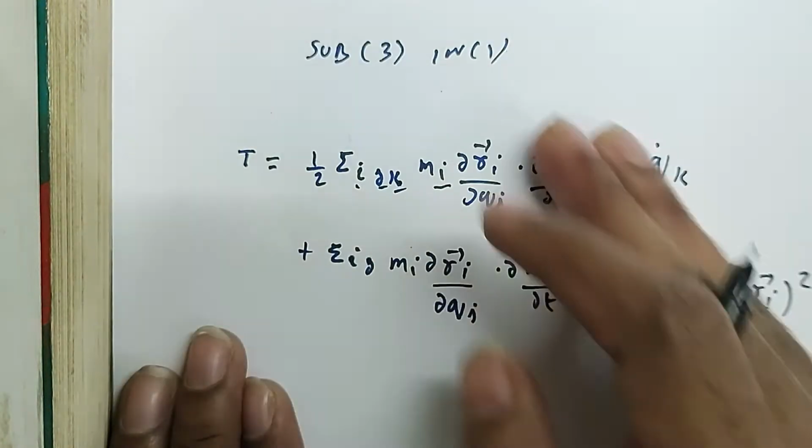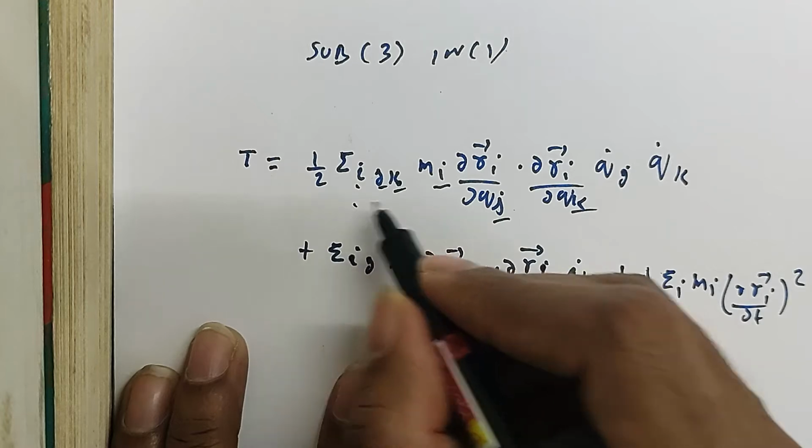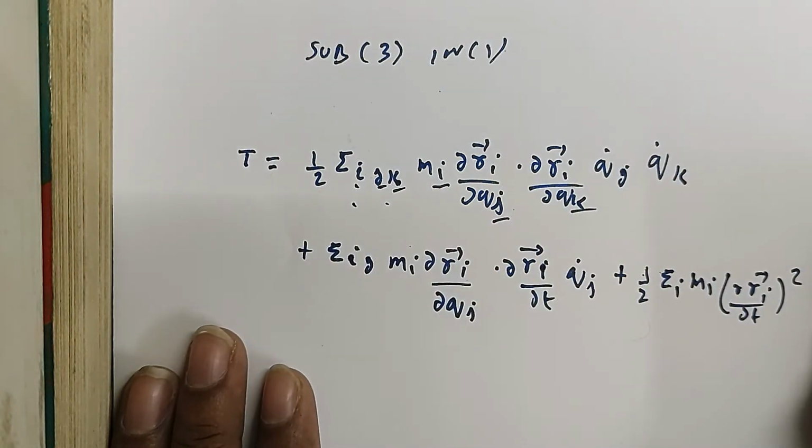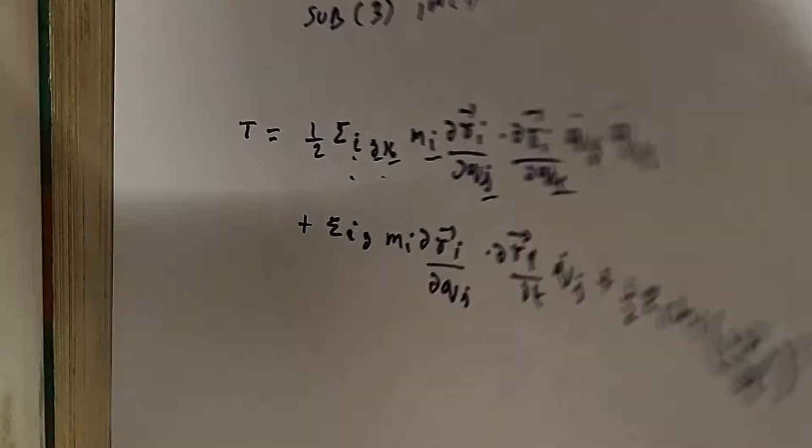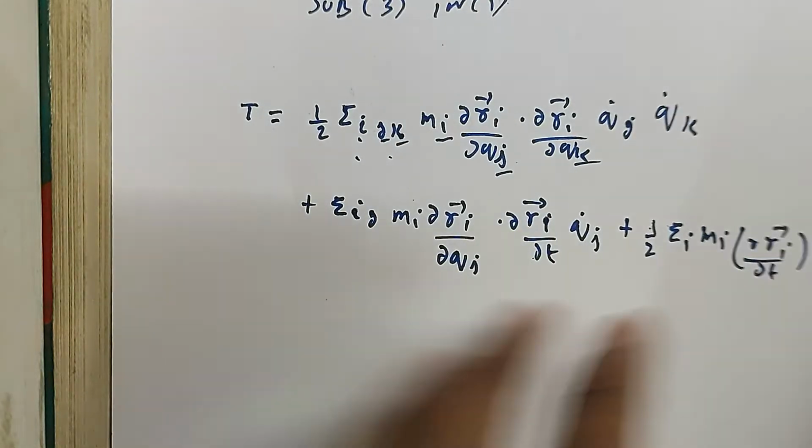Now you can see as the power is reducing, the dependency over j and k is also reducing, which isn't a surprising element, but it is a feature worthy enough to be noted.